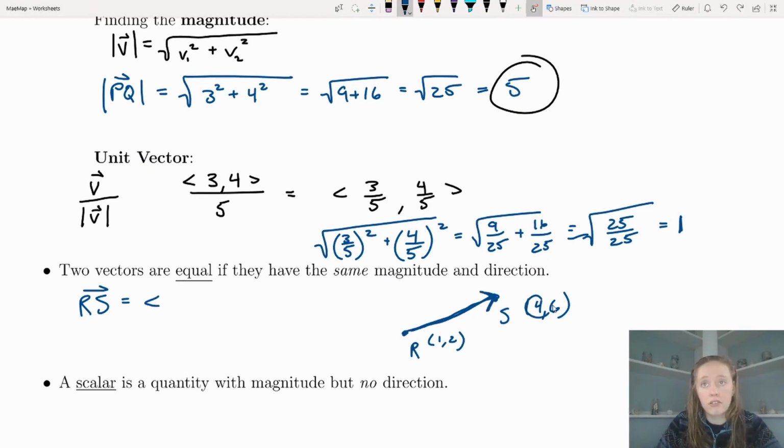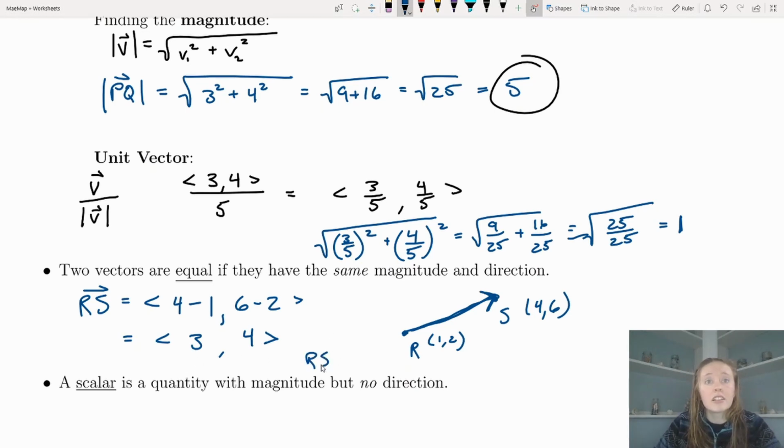That's going to be 4, the x-coordinate for S, minus 1, the x-coordinate for R. Remember, head minus tail. That's going to be my first component of vector RS, and then I need to do 6, that y-coordinate from S minus my y-coordinate from R, which is 2. So if I did this, RS, 4 minus 1 would be 3, 6 minus 2 would be 4.